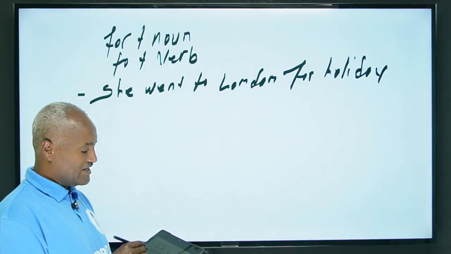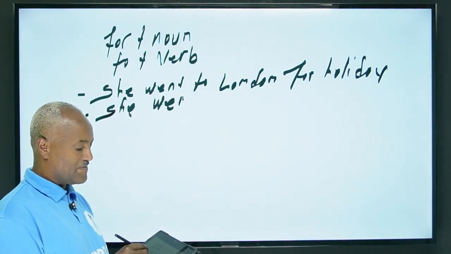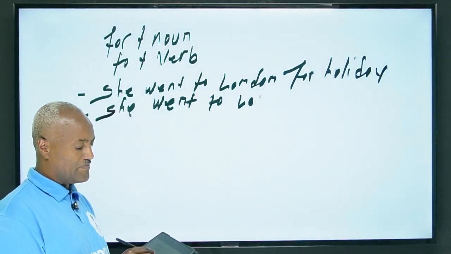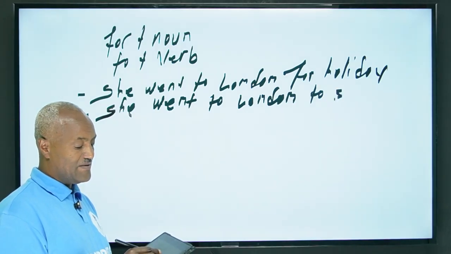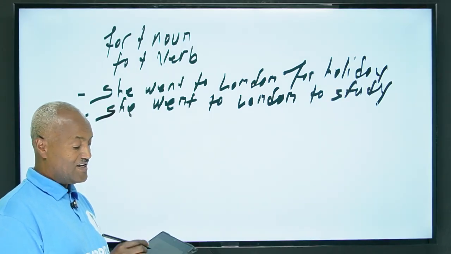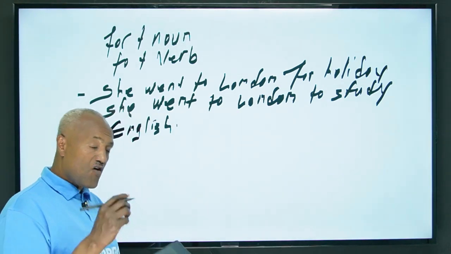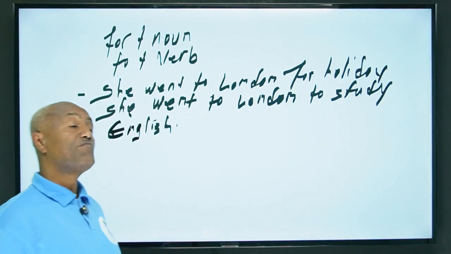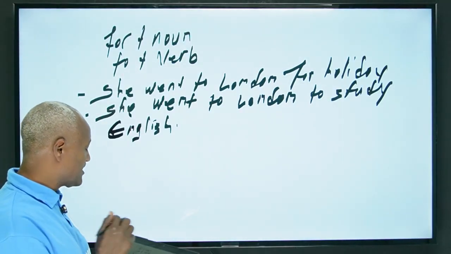But we can say she went to London to study English. Have you seen? To study English is the difference. That means even for helps us to state purpose, but it is followed by a noun or else a noun phrase. This is what you have to remember.